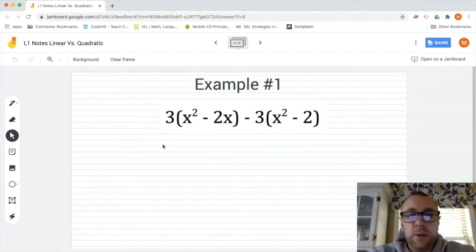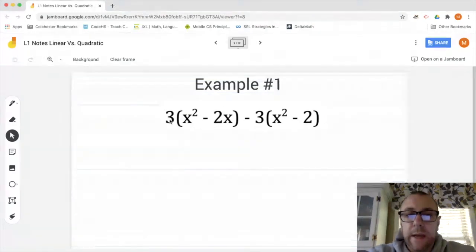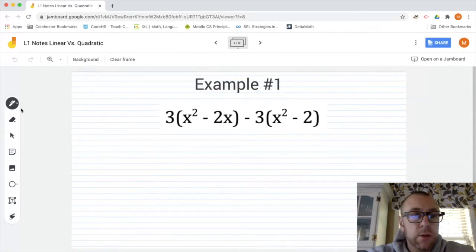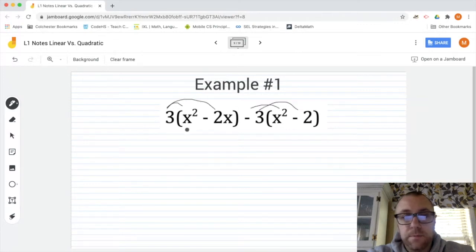So example one, you'll notice we have to distribute. So the first thing that we're going to do is distribute these numbers in, and we're going to be left with 3x squared minus 6x minus 3x squared plus 6.